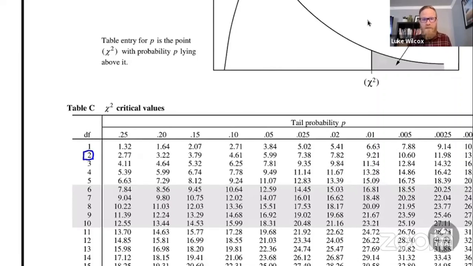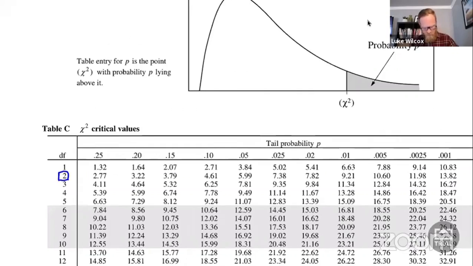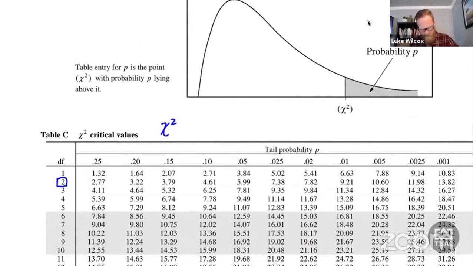What you're looking for now in the table is your chi-squared test statistic, which for us was 7.17. So you're going to go across the row for degrees of freedom 2 until you find your chi-squared value. Now I'm looking for 7.17, and I don't see it, but I do see 5.99, and I do see 7.38. My chi-squared value would be somewhere between those 2.